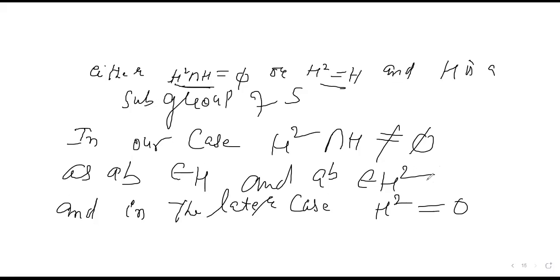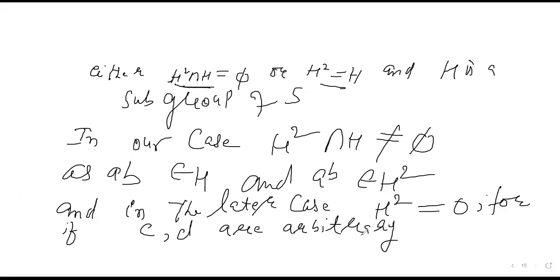Because if you choose any two elements C and D, arbitrary members of H, this means C and D are H related.